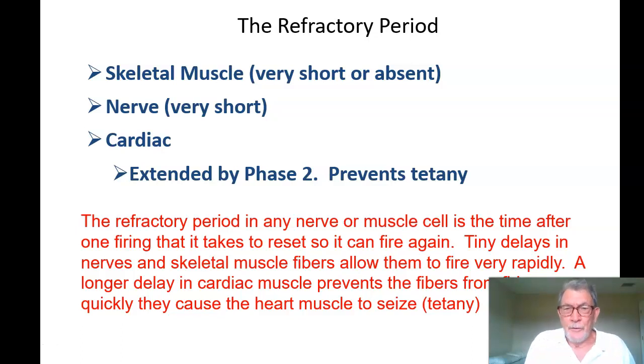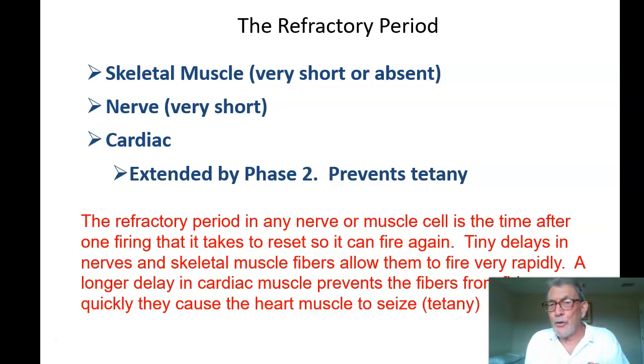And a concept known as the refractory period tells you how long after I stimulate a cell before I can stimulate it again. The refractory period is, after I fire that thing, how long do I have to wait before I can get it to fire again? In skeletal muscle, you want it to be really fast because I want to be able to tetanize. I want to be able to hold my arm locked in place, so those muscles are firing really fast.